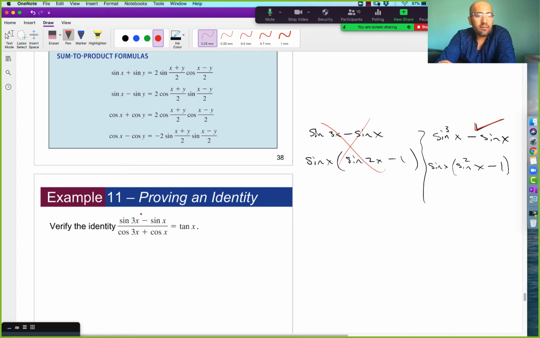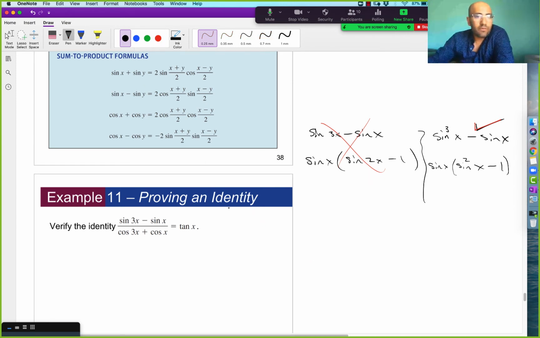So if we add them, we end up with 4x divided by 2. That's going to be twice x. Okay, interesting. And if we subtract them, we end up with 2x divided by 2, which equals x. So that could be useful. So I'm going to apply this application to the numerator. And let's do that.